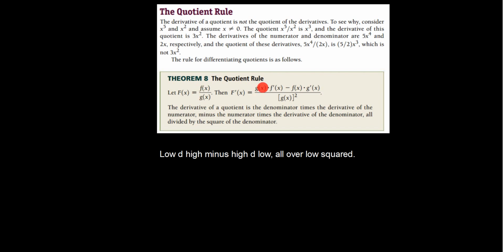Low, which is g of x, times the derivative of the high, minus, that's the minus here, high d low, the high times the derivative of the low, and all that over low squared. So it comes out low d high minus high d low all over low squared.